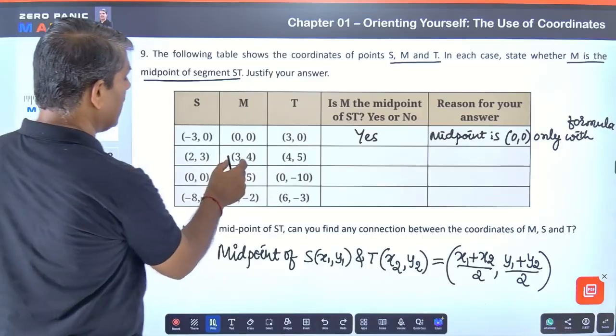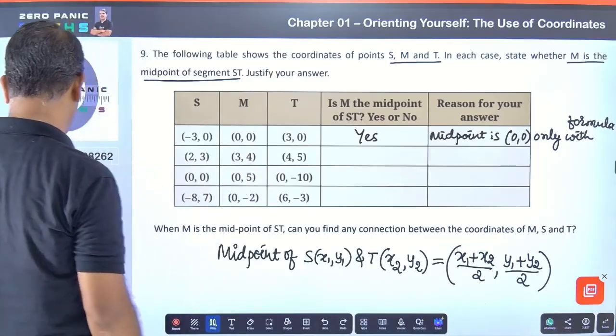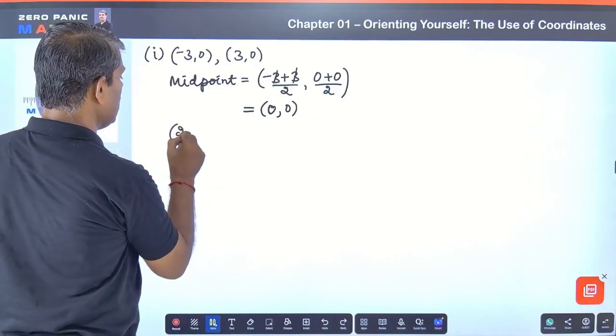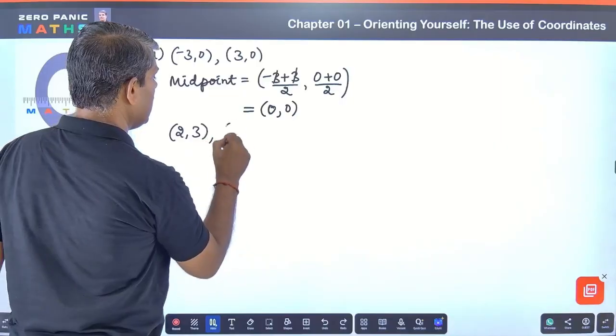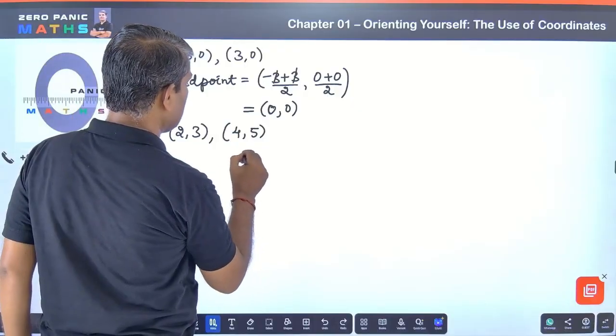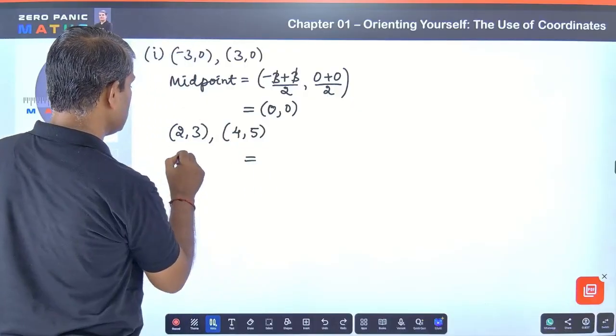Identify whether we are going to get 3 4 or not. The second one is 2 3 and 4 5. Similarly, I will write this as midpoint.